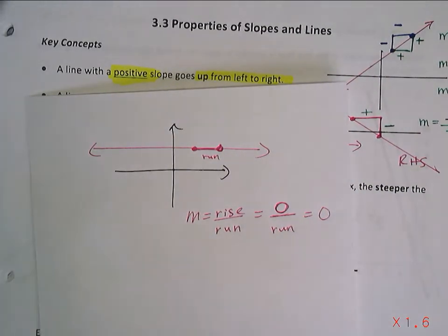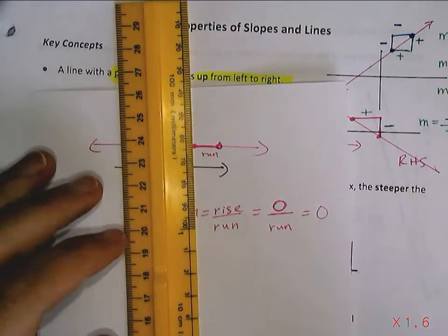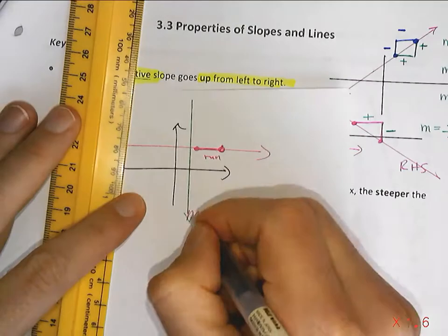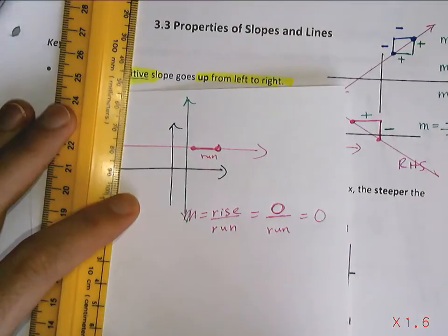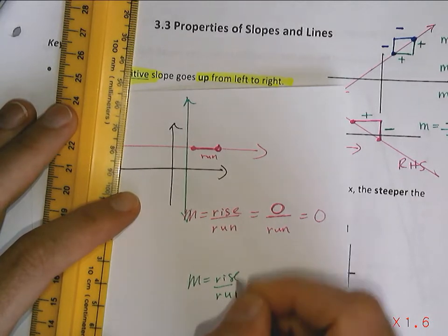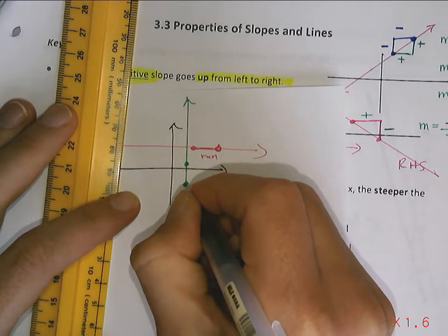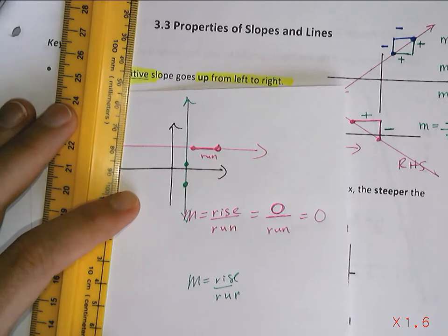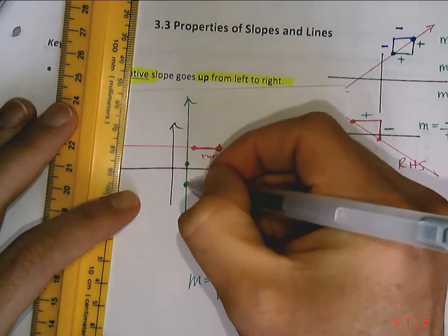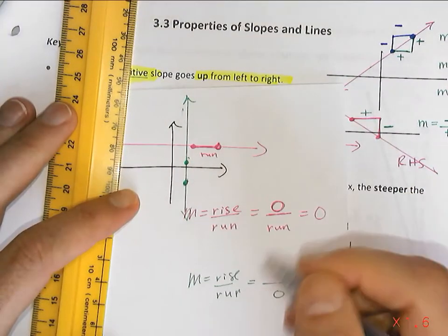Now let's think about that in contrast with a vertical line. If I have a vertical line, now let's think about that in terms of rise over run. I don't have very much run in between these 2 points, do I? In fact, there's no run at all. I don't move left and right. There's absolutely no run. But there could be a whole bunch of rise, couldn't there?